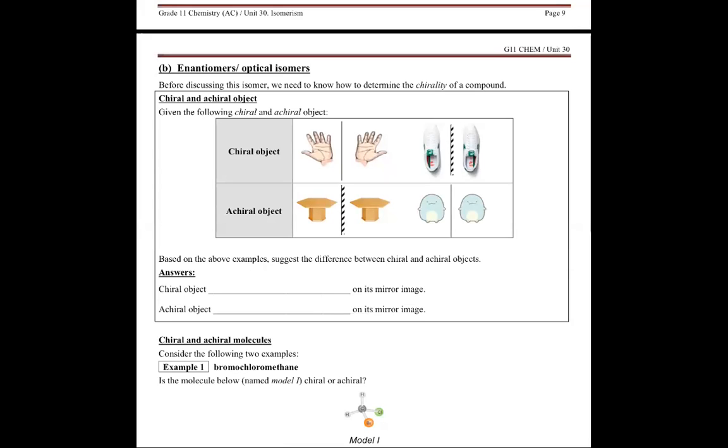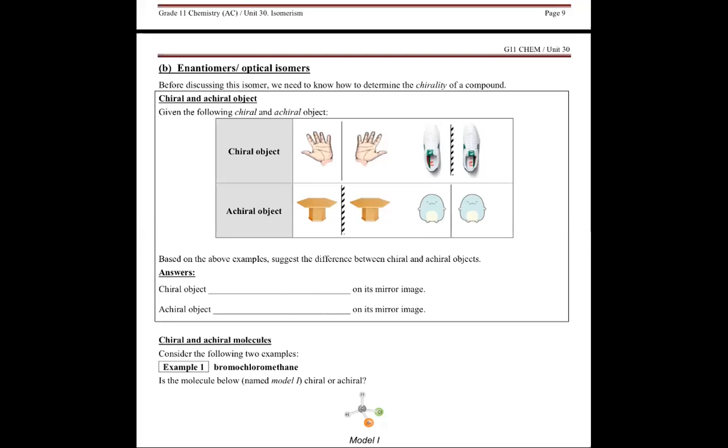You can take a look at those photos here. If we have something and we can find the mirror image of it, let's try to put the mirror image on top of the original one. For example, take your left hand and your right hand. Try to put your right hand on top of your left hand and see whether the position of your 5 fingers can match or not.